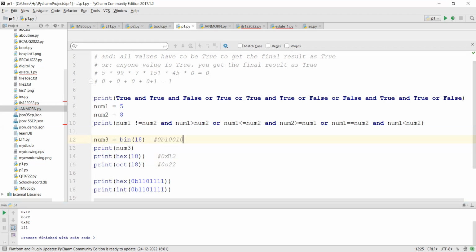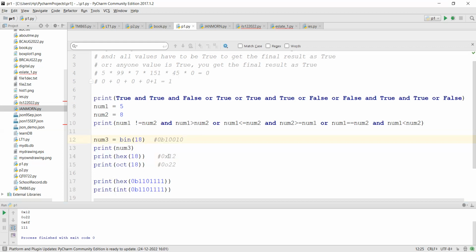The decimal number system is the number system where you use 10 numbers, 0 to 9. Binary is a number system where you use 0 and 1. Hexa is a number system where you use 16 symbols, 0 to 9 and A, B, C, D, E, F.